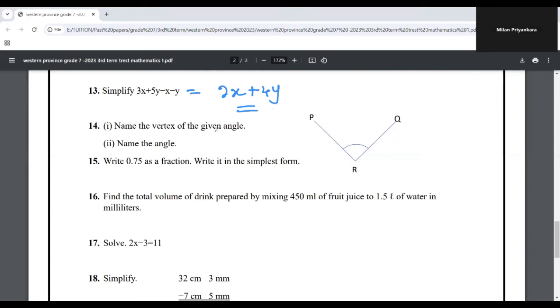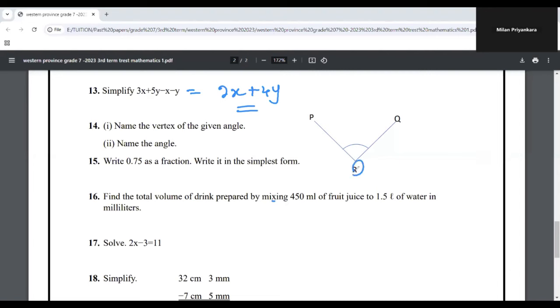Name the vertex and the given angle. The vertex is PQR here. Actually, here I have a printing mistake. This is supposed to be okay, but I will answer according to this one.